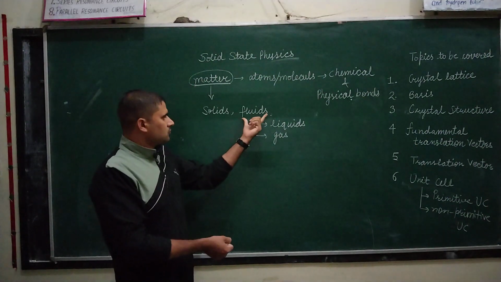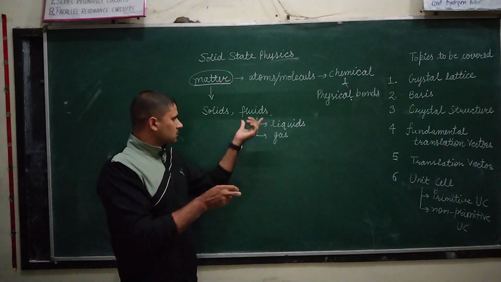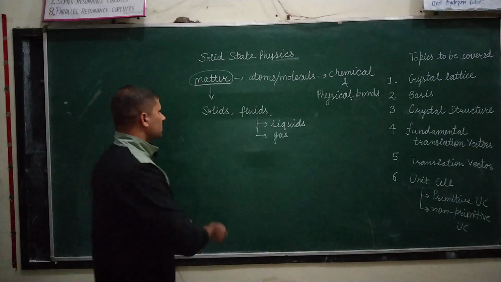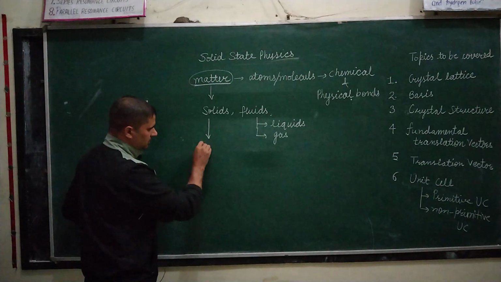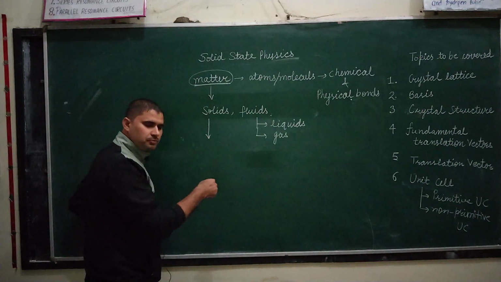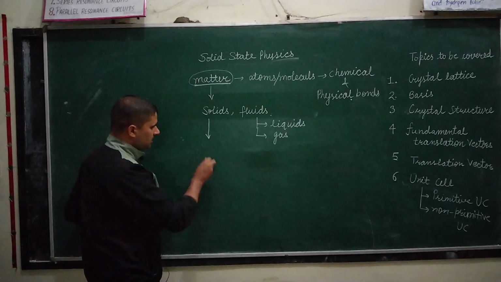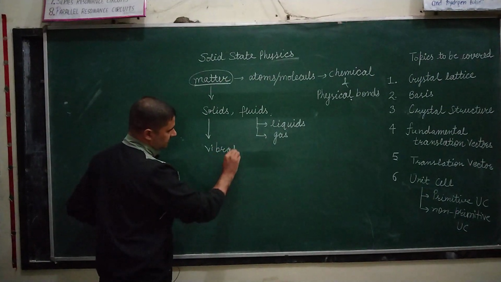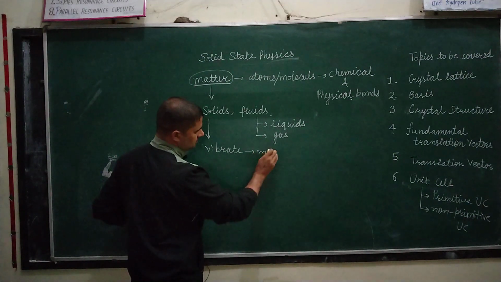In fluids the particles are not tightly bound, so fluids can flow, but solids cannot flow. In solids, the particles are tightly bound, but when you provide energy, you heat, you raise the temperature, then particles can vibrate about their mean position.